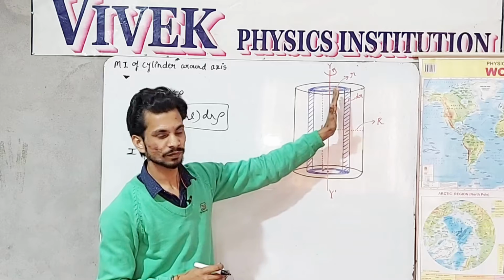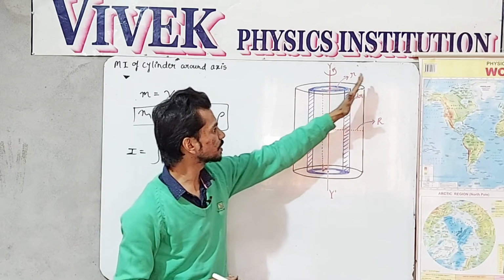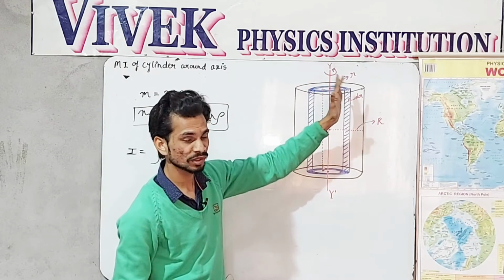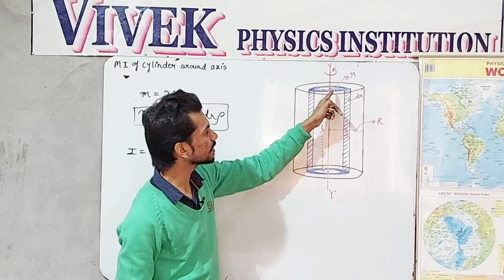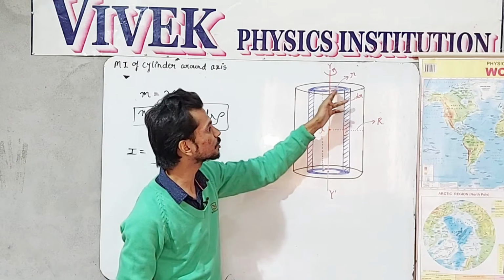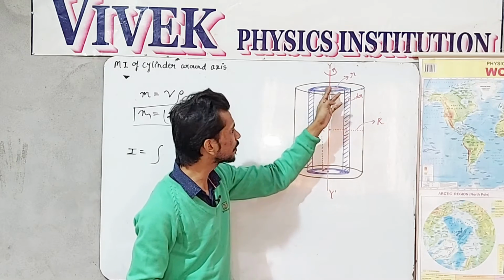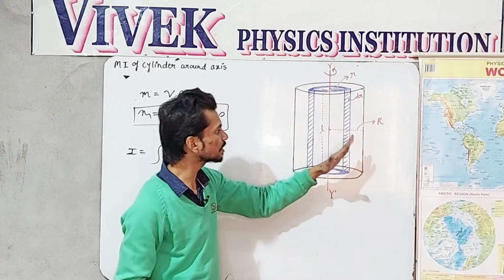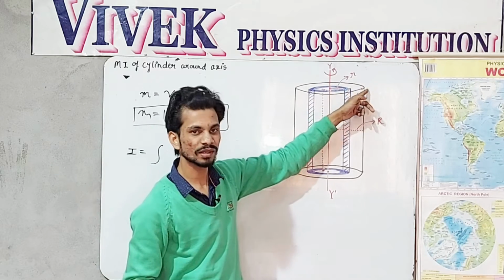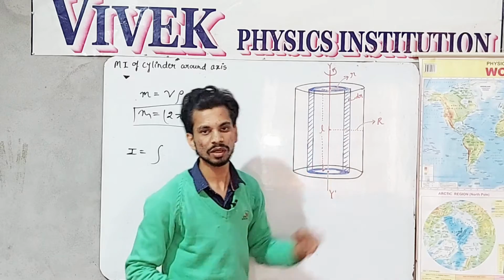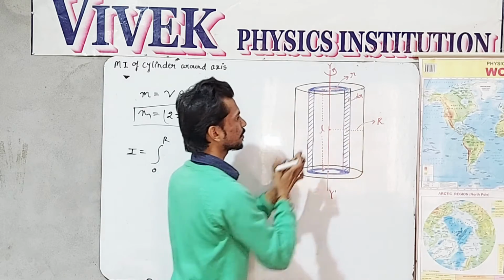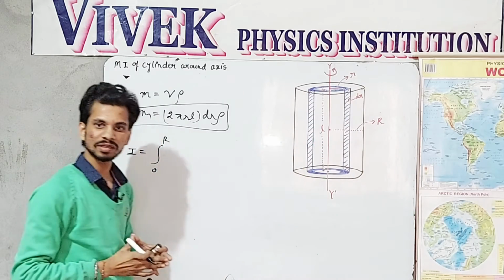Consider such a cylindrical shell which starts at just this point, and we will take all such cylindrical cells from here to the complete radius capital R. So our limit will be from 0 to capital R. If I integrate the MIs of all those cylindrical cells taking limits from 0 to R, then that will be the complete moment of inertia of this whole cylinder. So I am taking all such cylindrical shells from 0 radius to the complete radius.